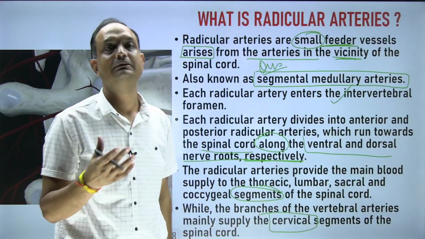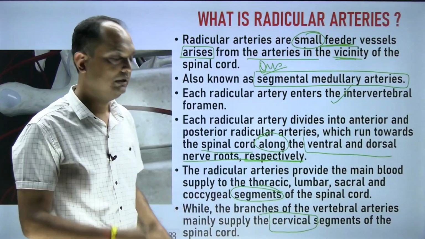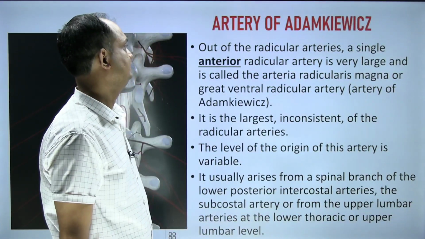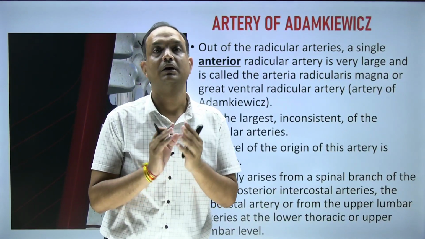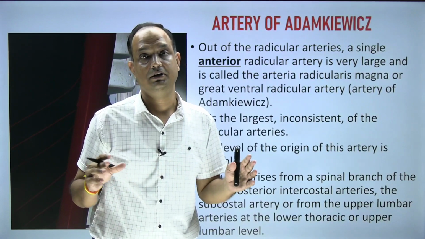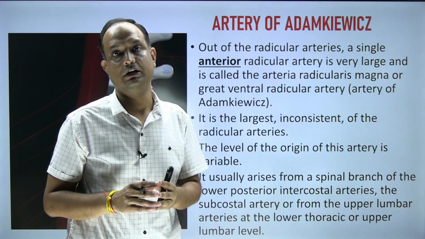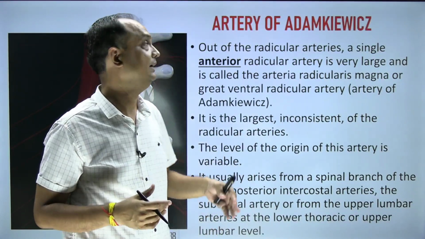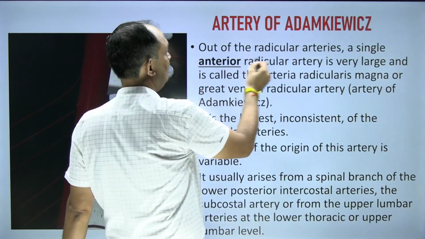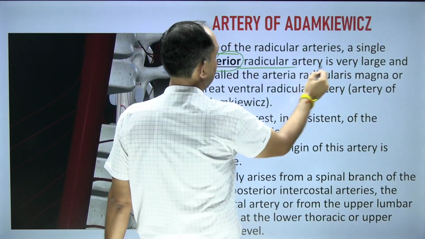So the cervical segments receive an ample amount of blood directly from the vertebral artery through the anterior and posterior spinal arteries. Now there is one more question about one larger artery, the radicular artery. Radicular arteries are present on both the right and left side, but out of all the radicular arteries, a single anterior radicular artery becomes excessively large.